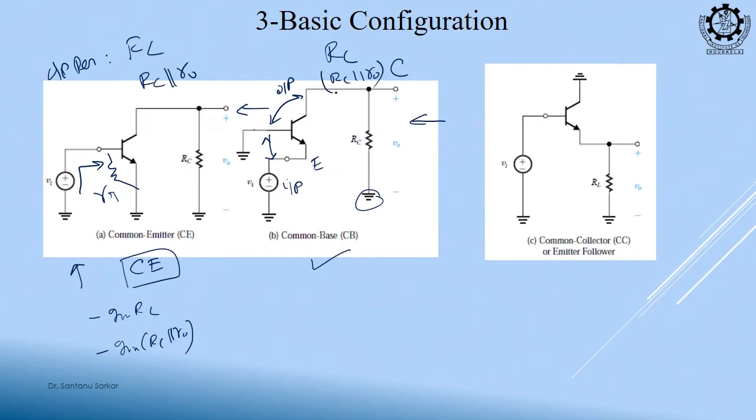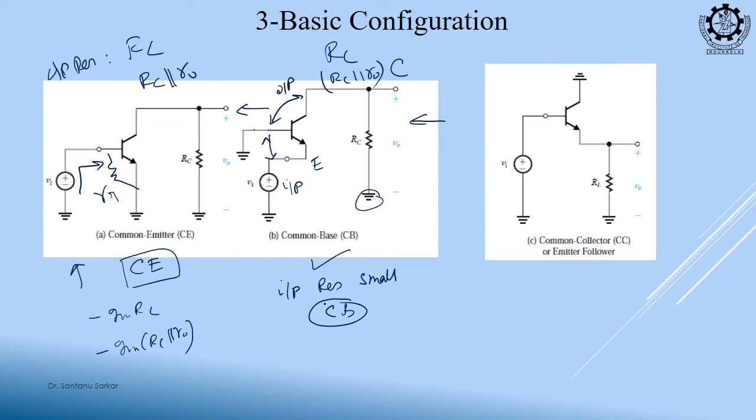Clear? Now, you see the input side, where is the input? Emitter. In the previous case, where is the input? Base. Which resistance is higher, base resistance or emitter resistance? Base resistance is higher, because base current is lower. So, which input resistance is smaller? Common base.